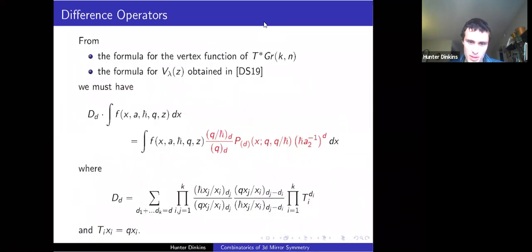So what exactly do the q-difference operators look like in this case? Well, in order to pinpoint them exactly, you need to look over to the other side and compare back to T star Grassmannian.